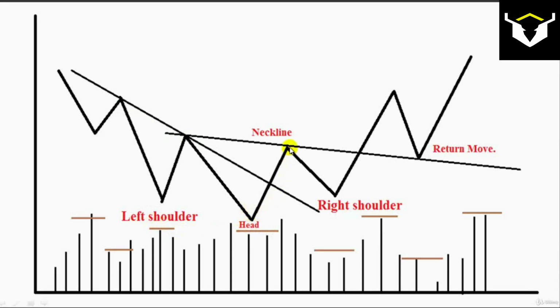Prices retrace back to the upside and then prices fall down or try to make a new low, but volumes are significantly lower as compared to the volume that was made on the previous bottom. The next point to keep in mind is prices have broken through the neckline, suggesting that momentum has decreased.